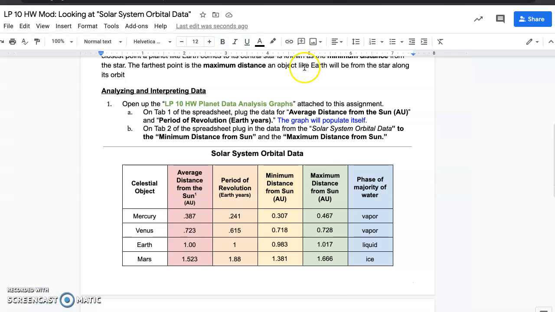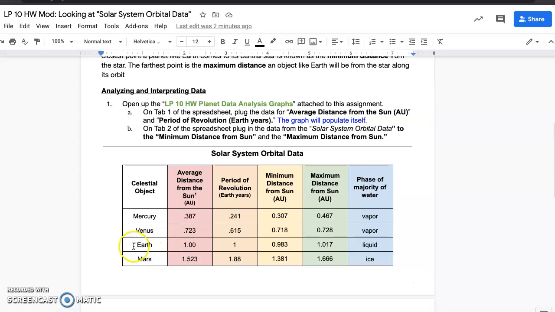On tab 1 of the spreadsheet, plug in the data for the average distance from the sun, AU, which stands for astronomical unit, and the period of revolution. That's how long it takes the object to orbit around the sun once.